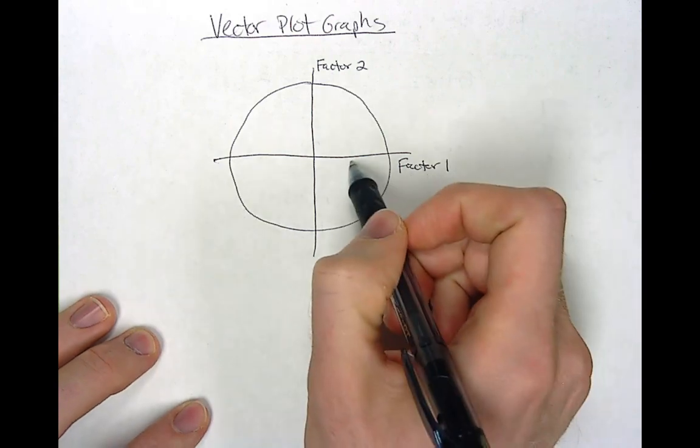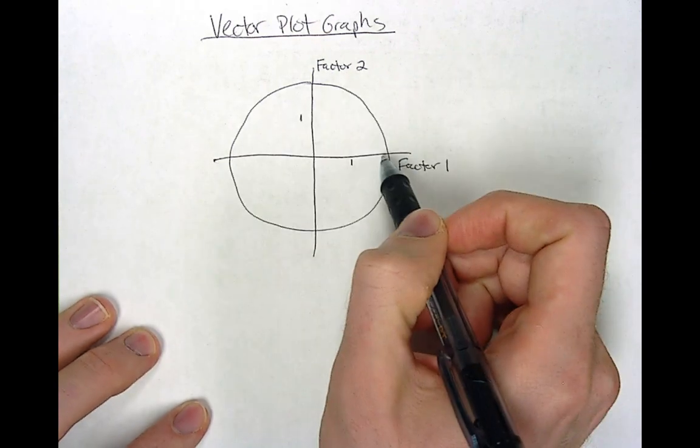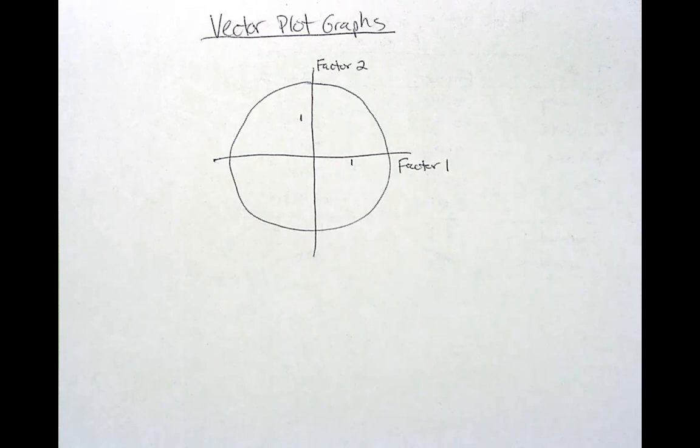And the radius is 1. So like I said before, the endpoint for this vector is plotted at a coordinate of 0.60 on factor 1 and 0.80 on factor 2.